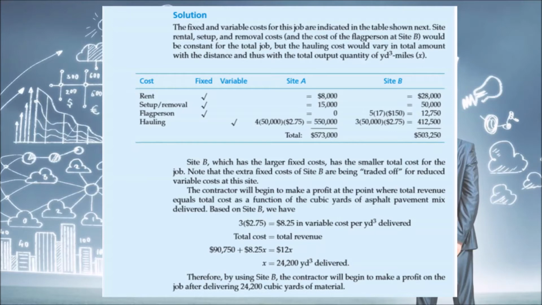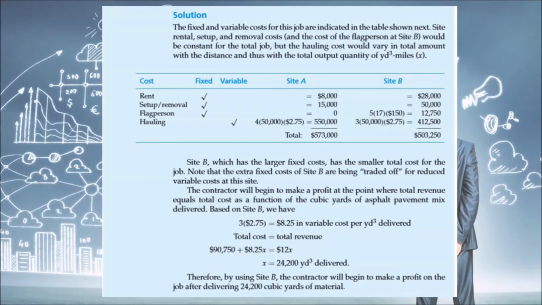Shown in the table, our fixed costs are the rent, setup or removal, and plug person, while our variable cost is the hauling, because the hauling depends on the hauling distance.